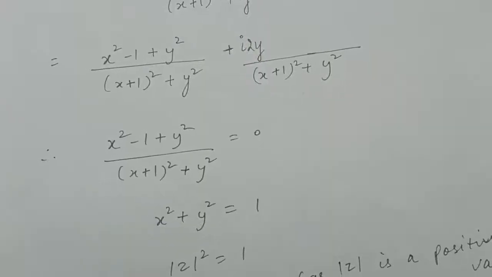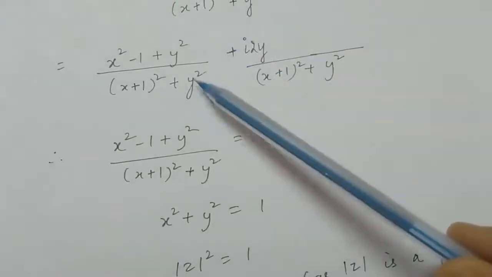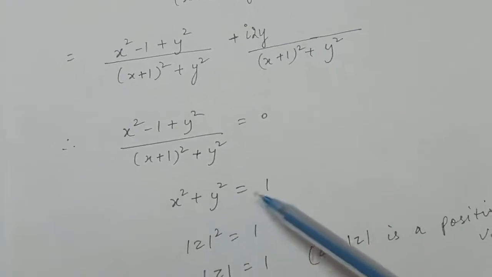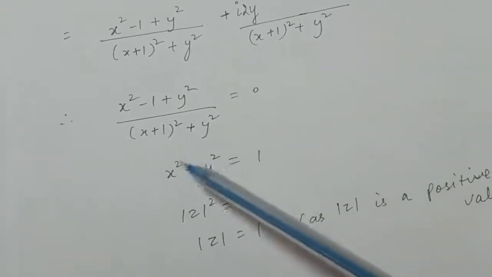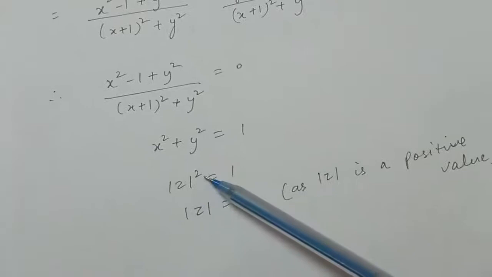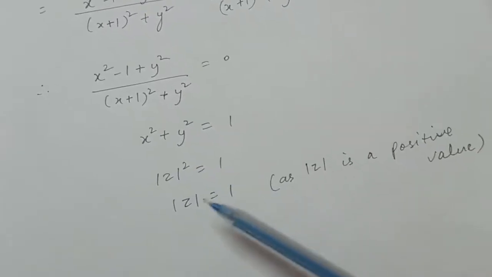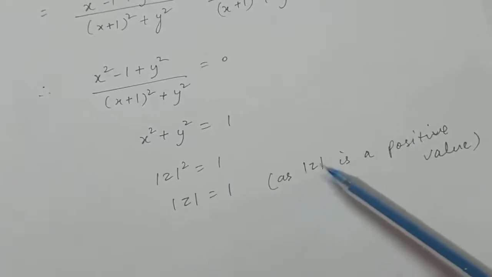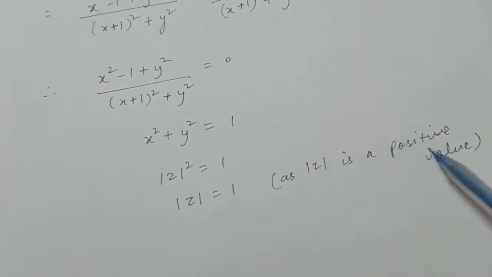Because it is a purely imaginary number, it is given, therefore the real part will be 0, so you will get x square plus y square equal to 1. Now see, this is nothing but modulus of z whole square, which is equal to 1, so modulus of z will be 1, right? We will not consider minus 1 because modulus of z is always a positive value.